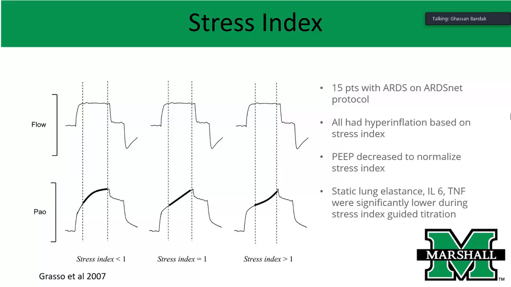Because the concept is you have a bag and you're flowing gas into this bag. How does this bag react to the flow of gas? If you're giving the flow at a variable rate throughout the breath, then the changes you see may not be purely due to pressure changes. They may be due to flow changes.